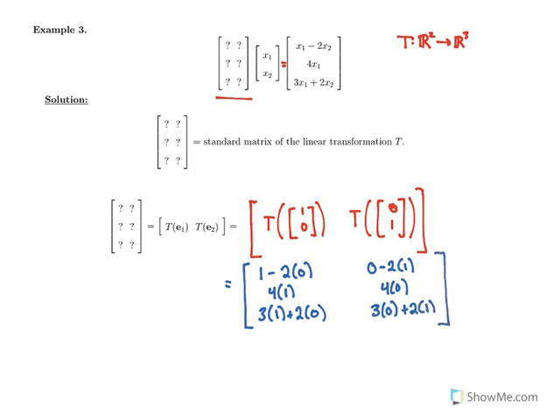Those are the two columns for my matrix. Simplifying, that gives columns (1, 4, 3) and (-2, 0, 2). That is our matrix A associated with that transformation T, again built just from the vectors (1, 0) and (0, 1).